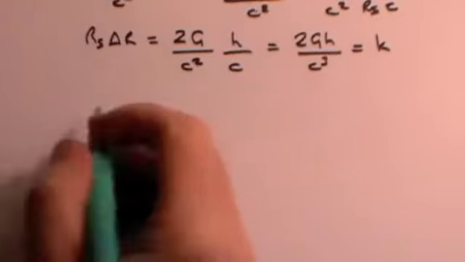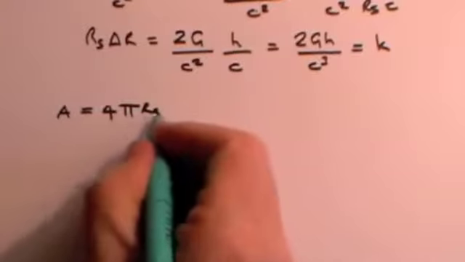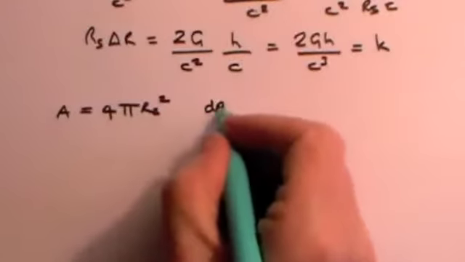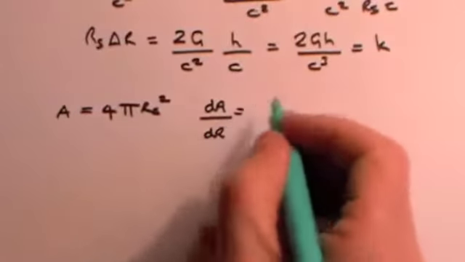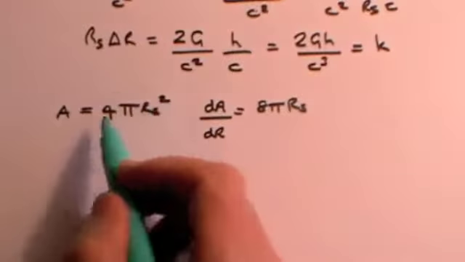Now, the surface area associated with the Schwarzschild radius is going to be 4 pi times the Schwarzschild radius squared, because that is the surface area of a sphere. And if I take dA by dr, that is just going to be 8 pi Rs, because you're differentiating with respect to r.